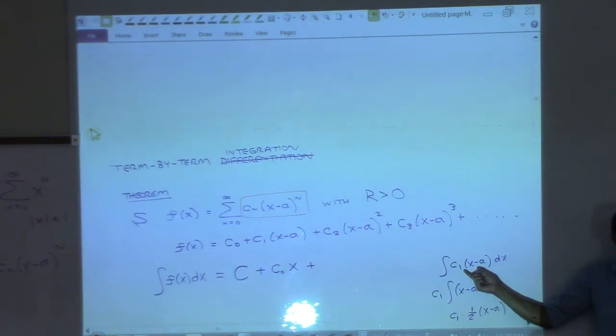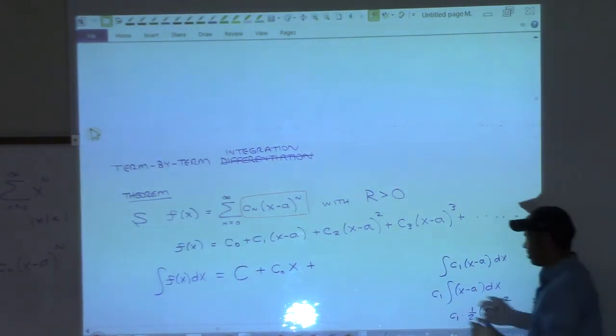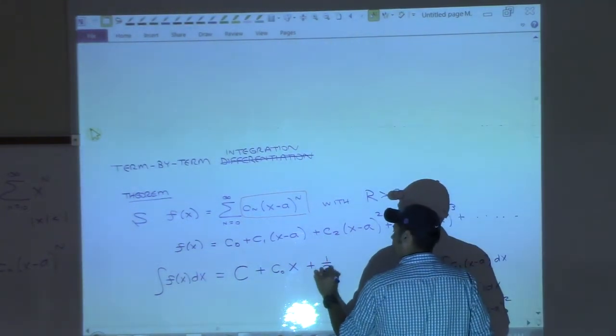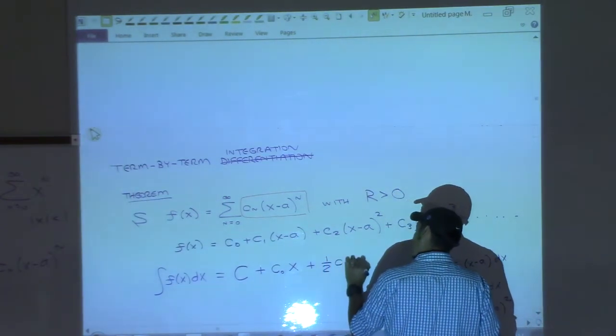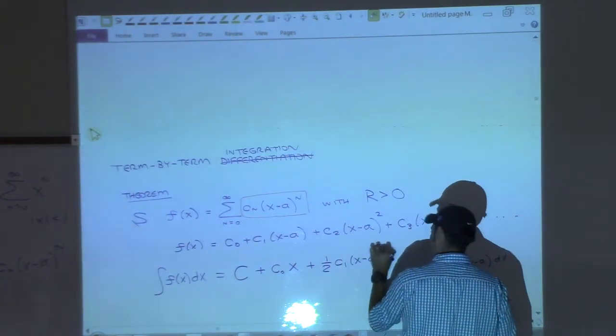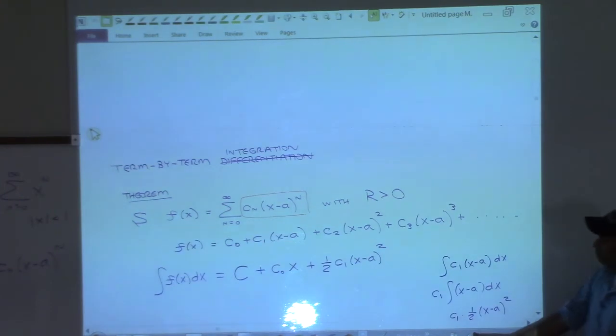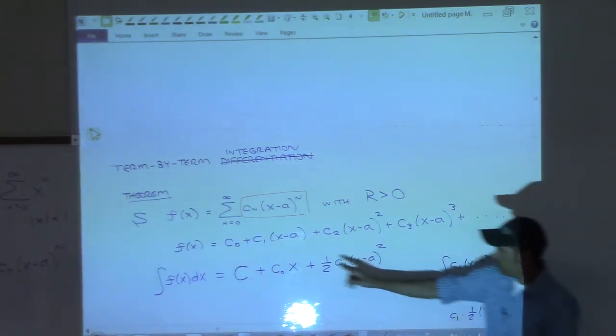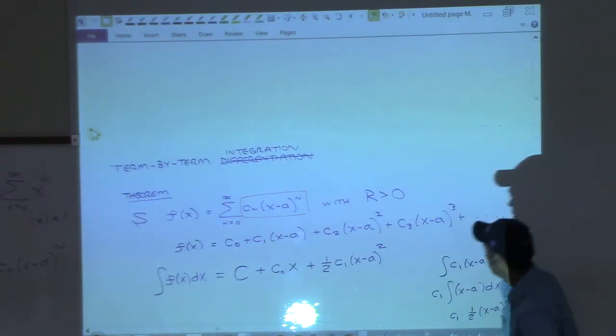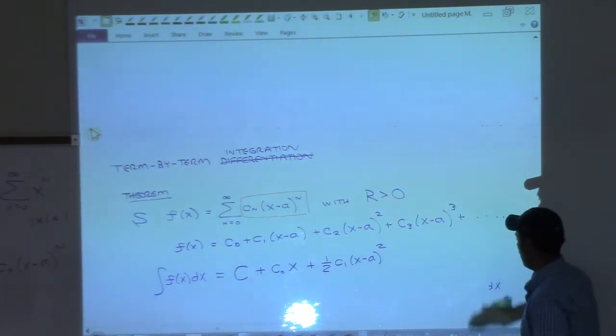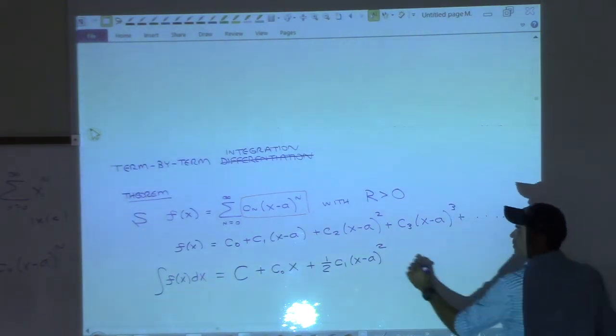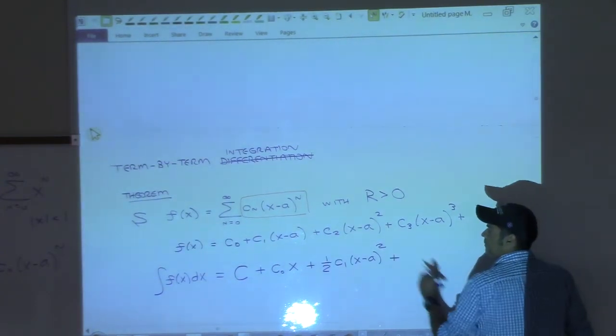Do you all agree? Okay, so the next piece is going to look like this. 1/2 c sub 1 x minus a to the half. Right, that's this piece integrated. Or I should say that's this integrated. What about the next one? You'd follow the same logic. So what would it be?